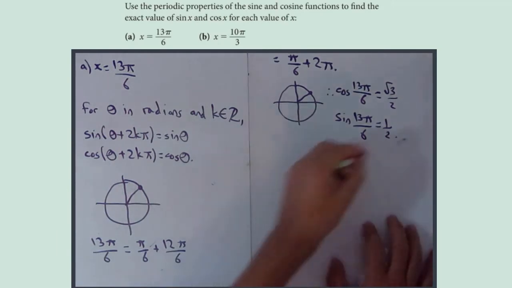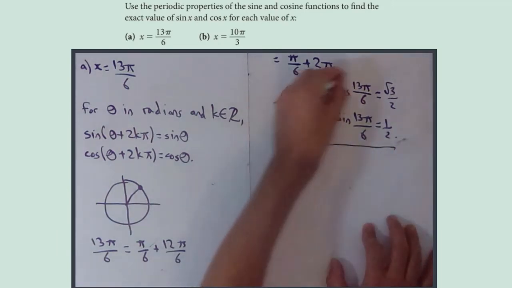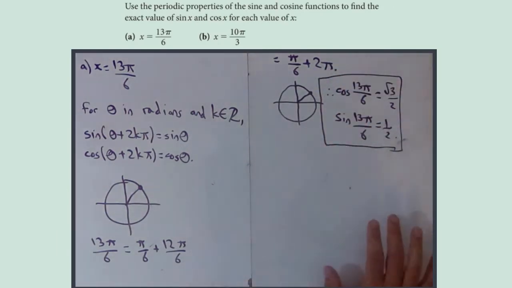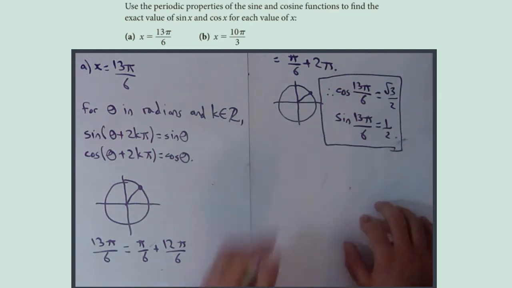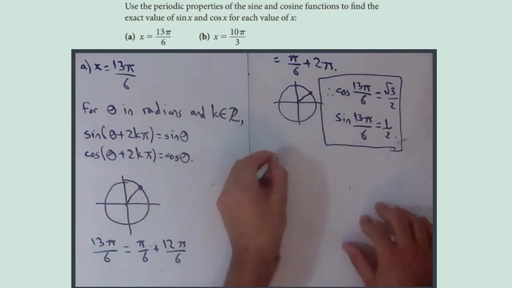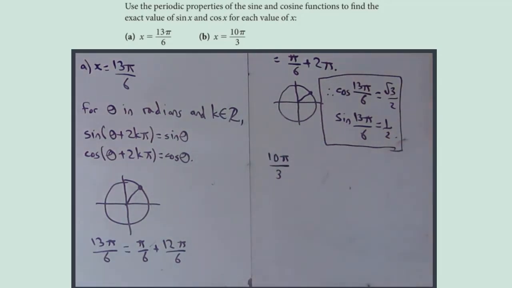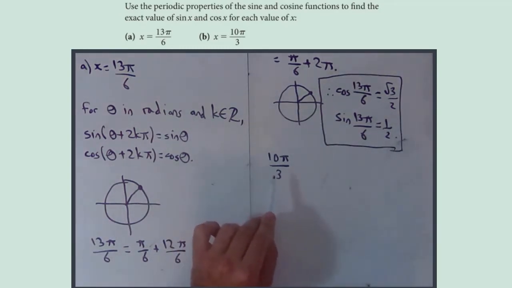Okay, now if we go to the next angle, which is 10 pi by 3. Can we get this as a sum of something where there's a multiple of 2 pi in there? You've got a denominator of 3, so we could have 6 potentially.